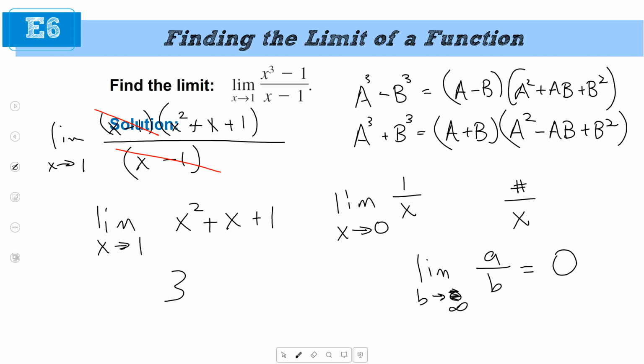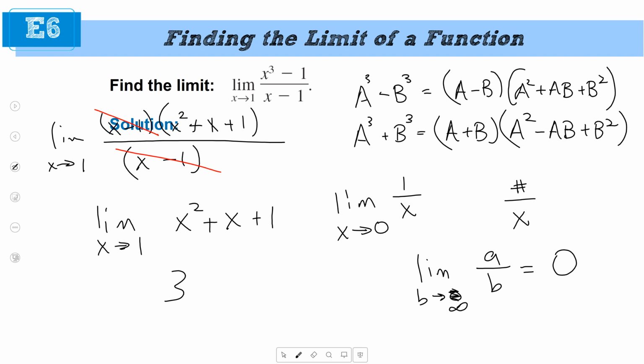Oh, sorry. Did that wrong. That's what I wanted. As B gets very, very big, the denominator gets very, very big, but the fraction gets smaller and smaller and smaller and eventually approaches 0.